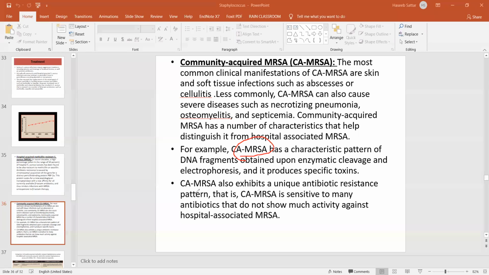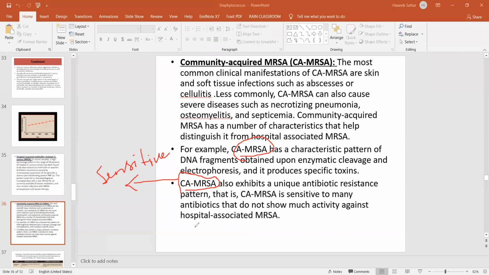Along with that, community acquired MRSA, although methicillin resistant Staphylococcus aureus, may be sensitive to other antibiotics, for example clarithromycin, fluoroquinolones, or other groups of antibiotics.